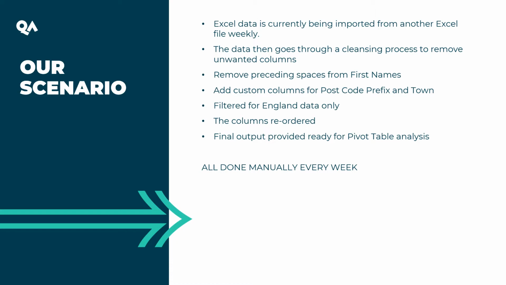The columns are then reordered, and the final output needs to be ready for pivot table analysis. So at the moment, as a manual process, that would involve things like deleting columns, trim functions to remove spaces, find, search, left, right, mid functions to use to get the postcode prefix in the town, or failing that, in the modern era, maybe flash fill, and in days gone by, perhaps text to columns.